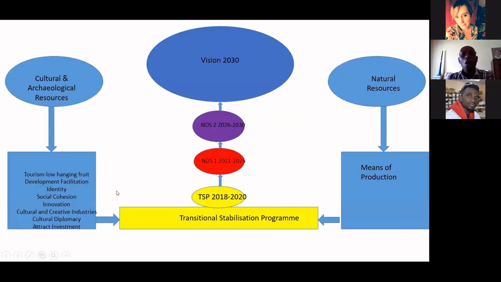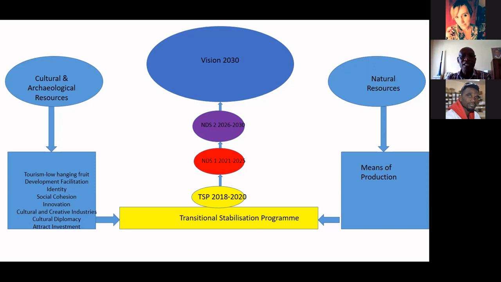Again, reflecting on Vision 2030, looking at Zimbabwe, one could look at how both cultural and archaeological resources were to contribute to the national development program. And on the other end, there was the issue of natural resources. So our cultural and archaeological resources have always been recognized as central in stimulating the economy after many years of difficulties.